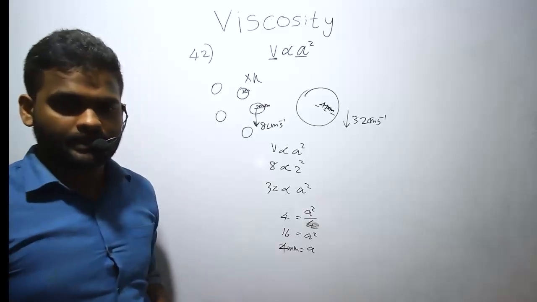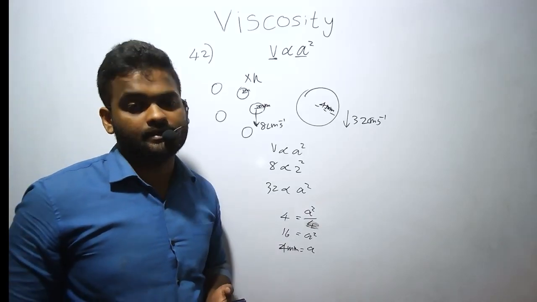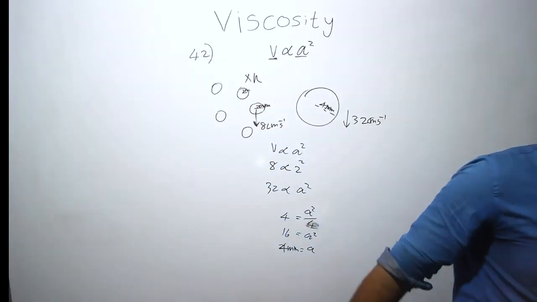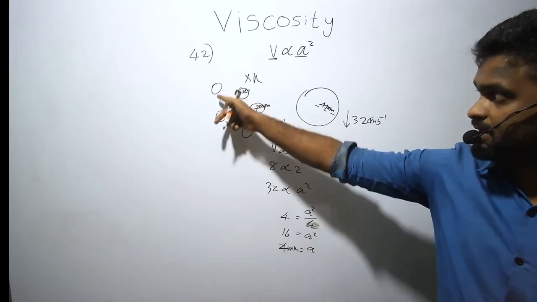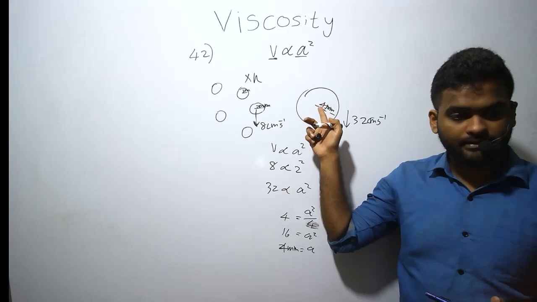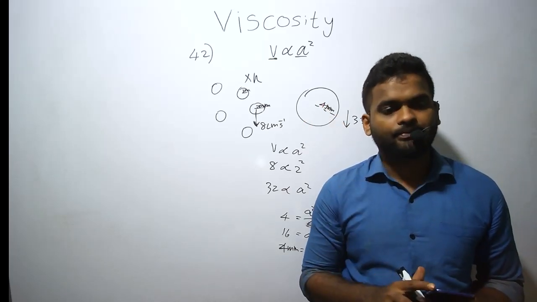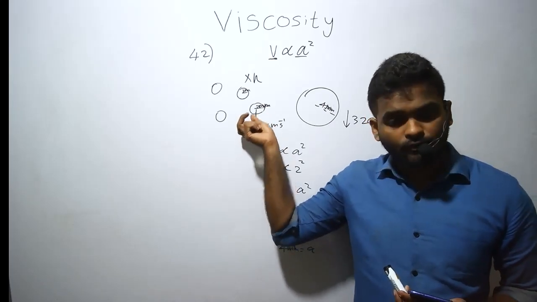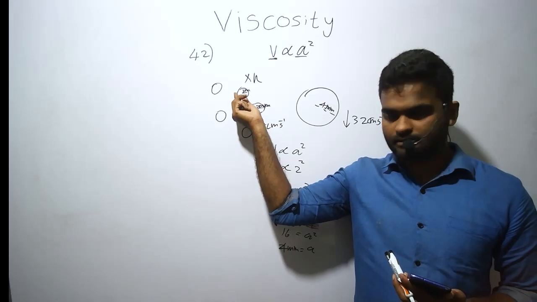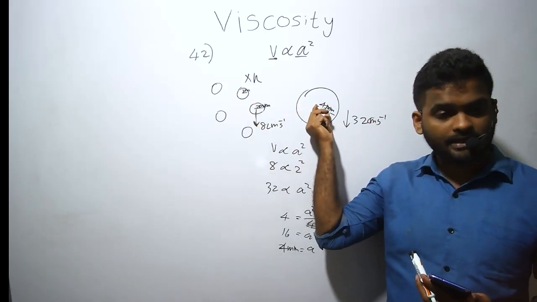So first you have to find the radius. Understood? Then how do you find n? In the question they ask how many raindrops you had to collect to create this. When you get a question like this, the sum of the volume of each raindrop is equal to the volume of the large raindrop.